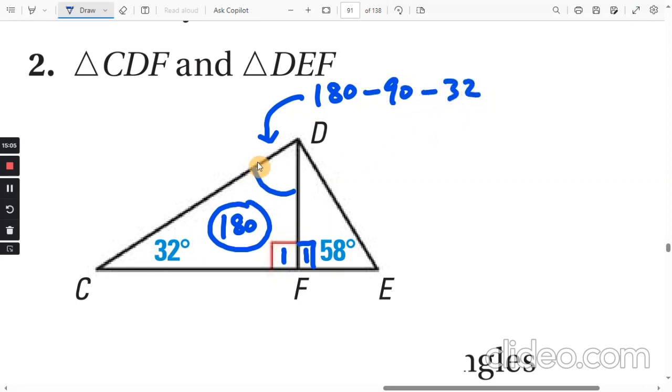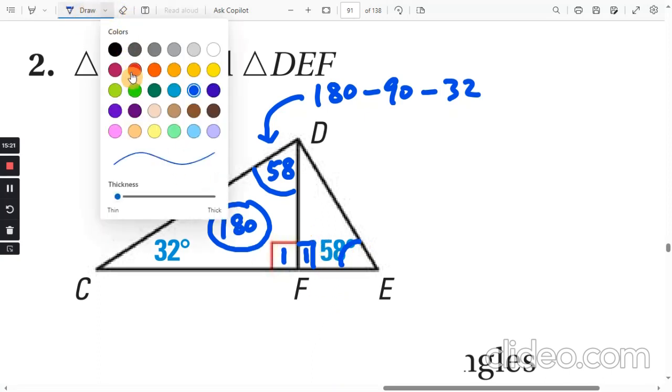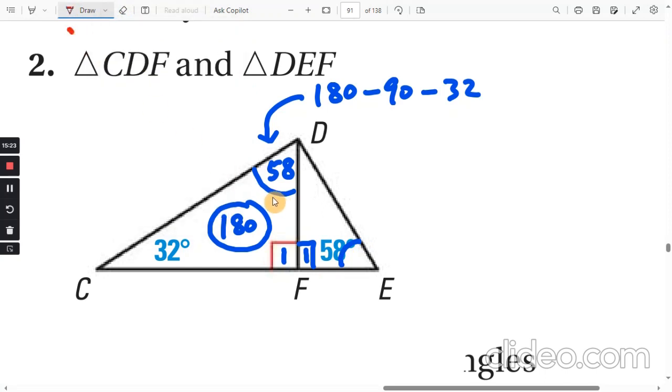All right, and that is going to equal 58. So that 58 is going to match this 58 right here. As a result, I'm going to label this 58 number 2, and this 58 here is also number 2.